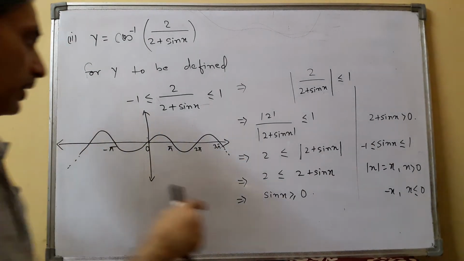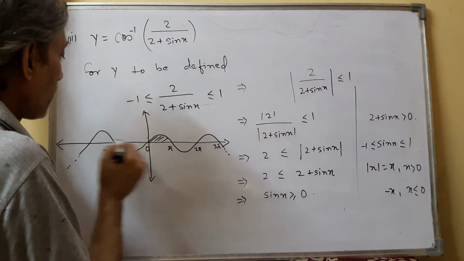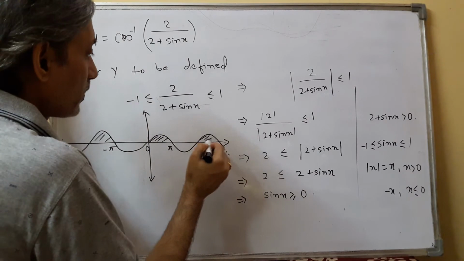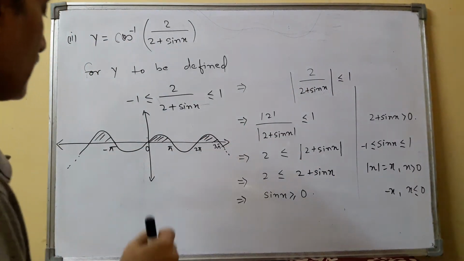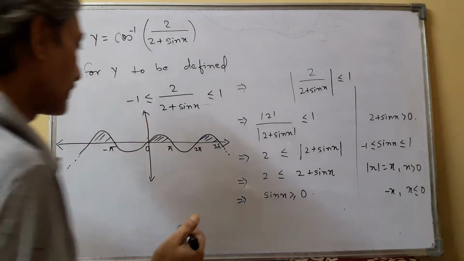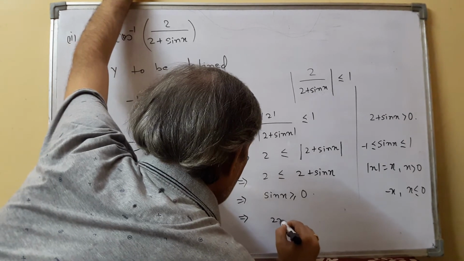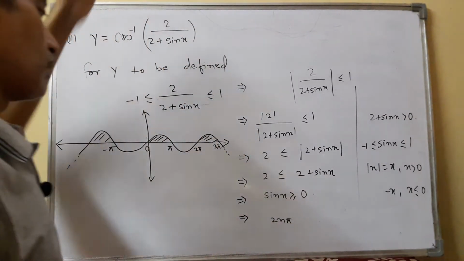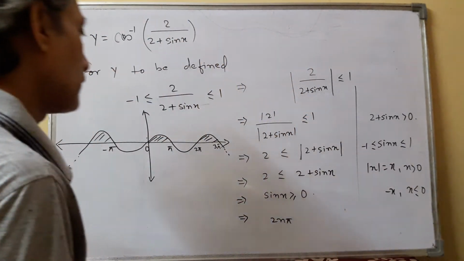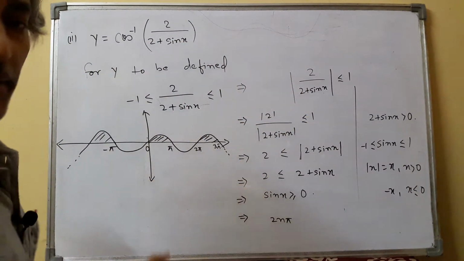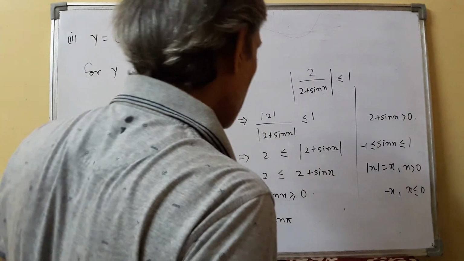Now here we only have to take sin x more than or equal to 0, meaning this part, this part, this part. So it will have infinitely many parts like this. So how to write this? Look, 0 to pi, so it has to be more than 0 and less than pi, and add 2n pi to this. So we will get infinitely many intervals where sin x is more than or equal to 0.